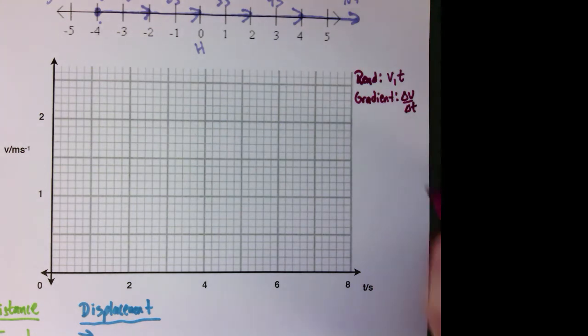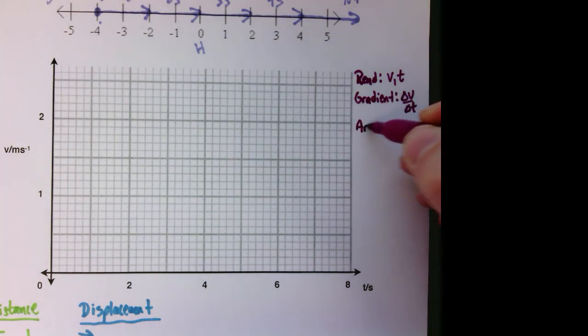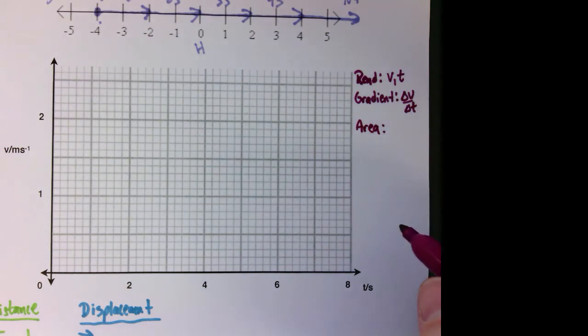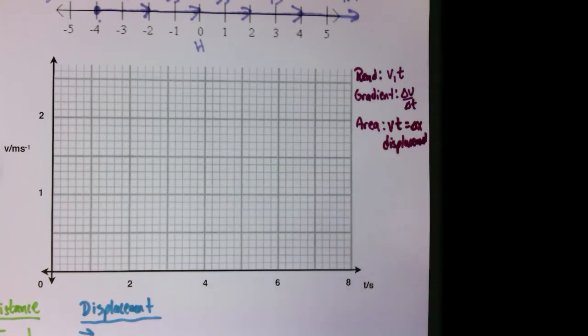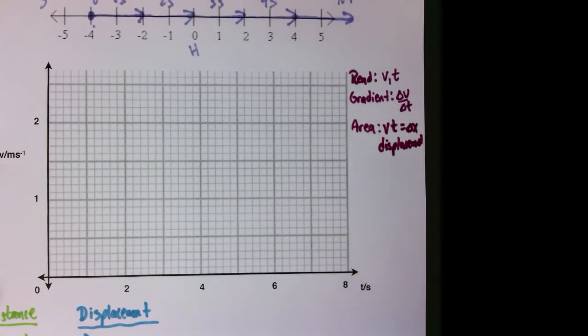That's not our important concern for today, but we will come back to that in a moment. Lastly is area. You may recall that the area we get by multiplying the axes and doing a dimensional analysis. Well, we get v times t, which is equal to delta x, the displacement. So the area of this graph will give us the displacement. We can read the velocity and time, and there's this gradient delta v over delta t, which we're going to come back to in a moment.